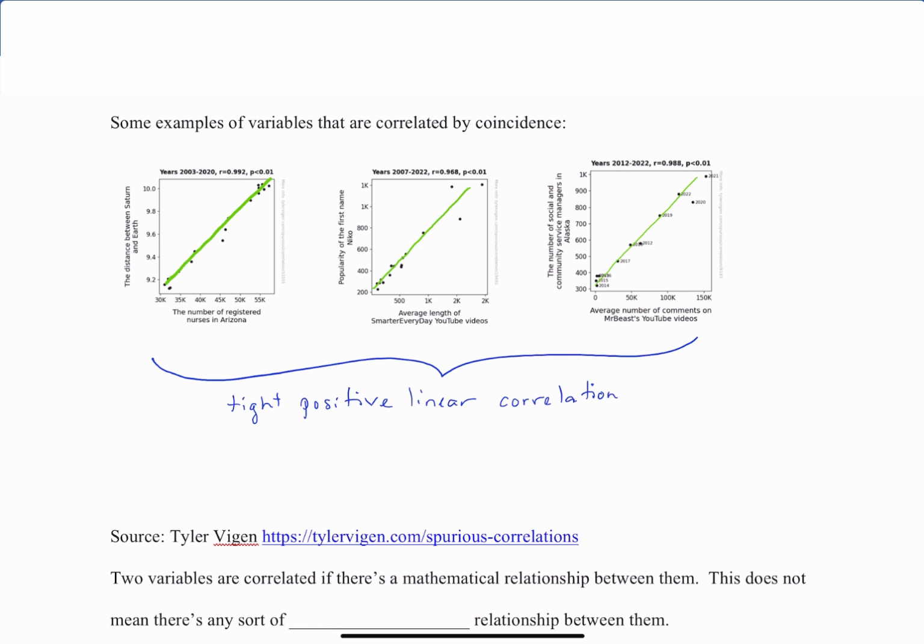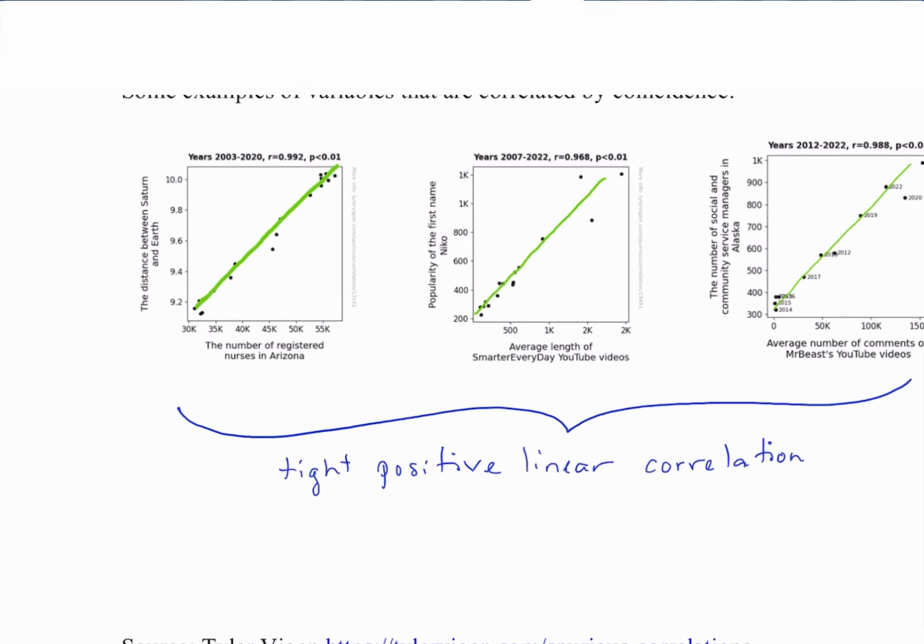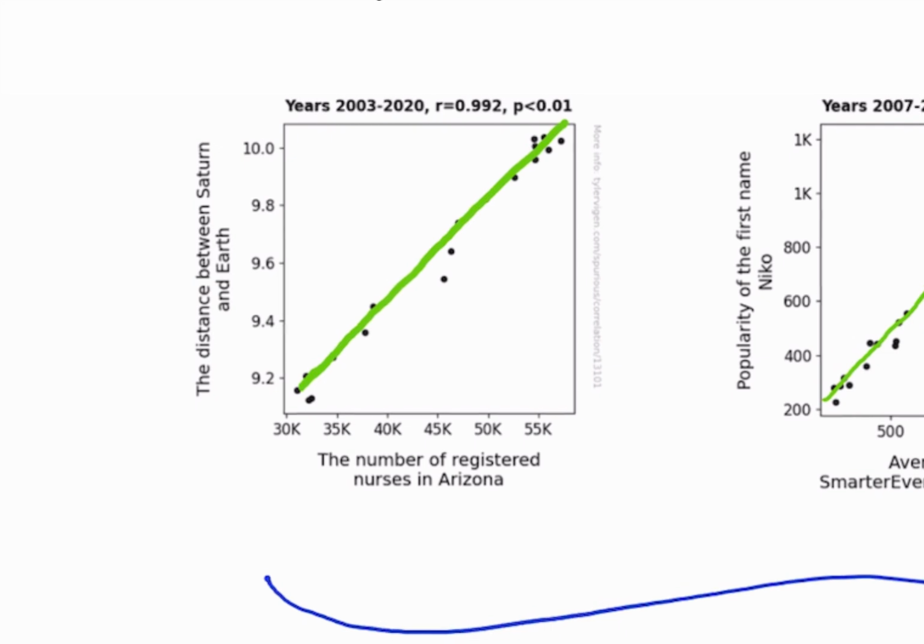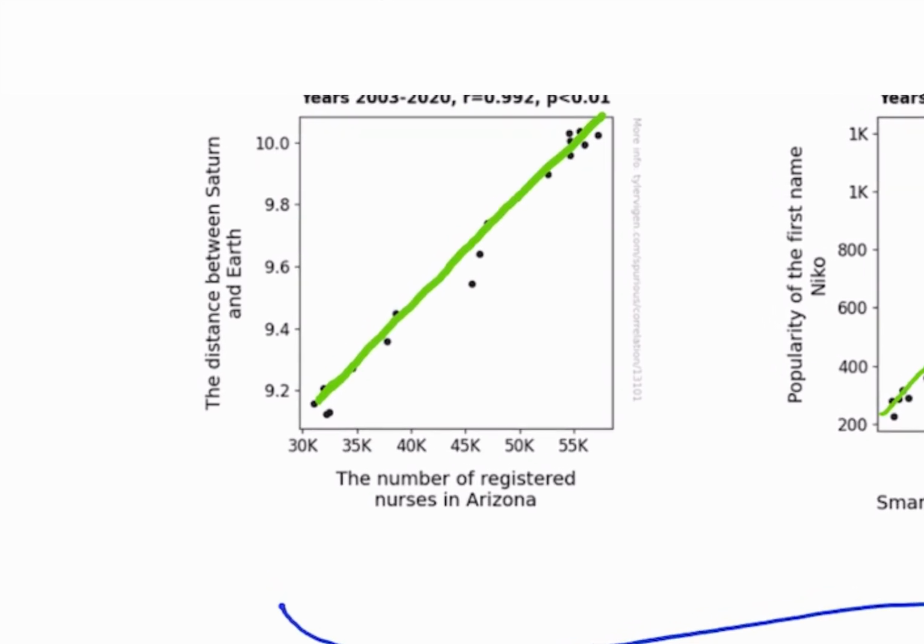But let's look closer at what the x and y variables in each of these are. In the first one, on the horizontal axis, so the x variable, we have the number of registered nurses in Arizona. On the vertical axis, so the dependent variable, we have the distance between Saturn and Earth.